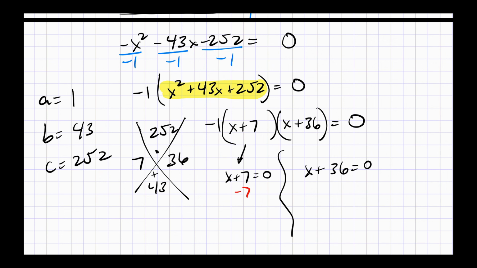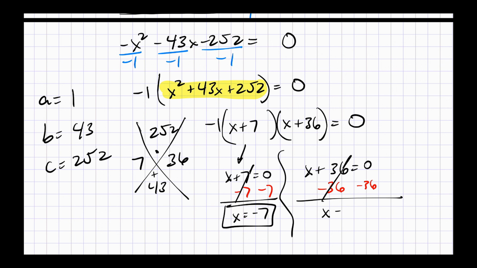You're going to subtract 7 from both sides. You're going to subtract 36 from both sides. So you get negative 7 as one answer and negative 36 as another.